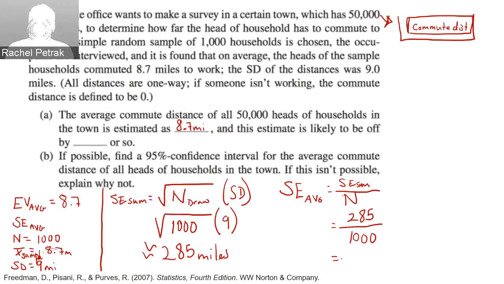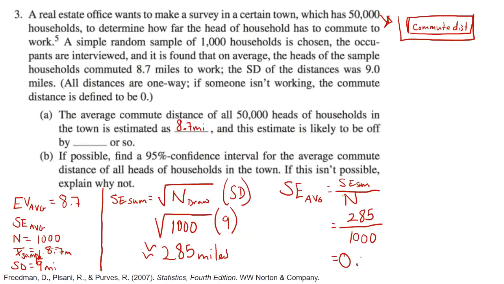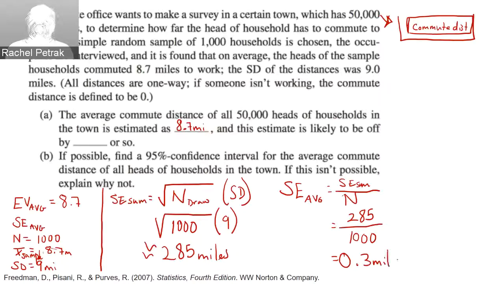So the standard error of the average is 0.3 miles. So this estimate is likely to be off by 0.3 miles or so.